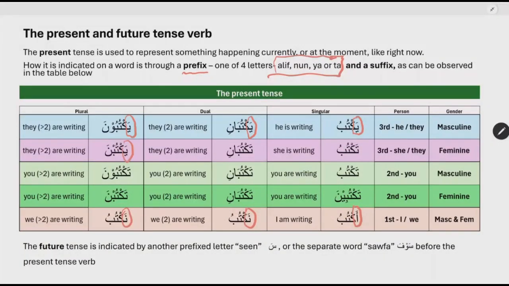So the ya comes into four of them, right? And then the ta comes into the remaining. So all these are tas in the front. Can you see? Right, that whole group. So the majority is the ta in the front.